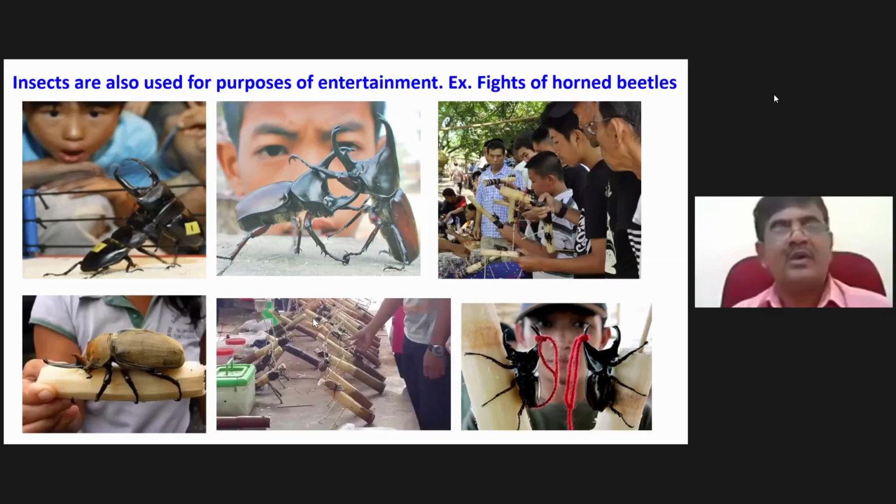These beetles are kept for sale in the markets, and people use them for entertainment purposes. In this way, in foreign countries, you have insect markets where insects are sold for the purpose of entertainment.